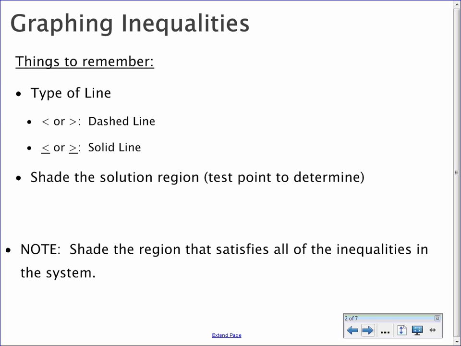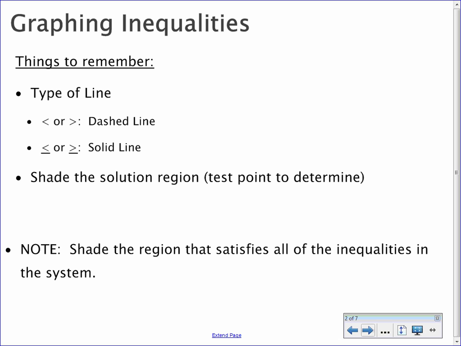Now, when you combined the two inequalities together, where did you shade? Where both shadings overlapped. If you took 3 of those and put them together, where is the shading going to be? Where all 3.